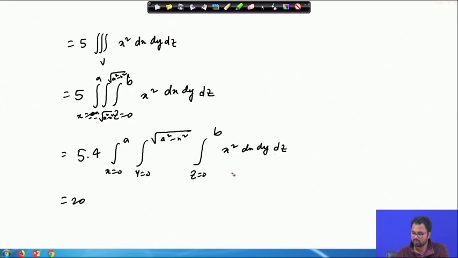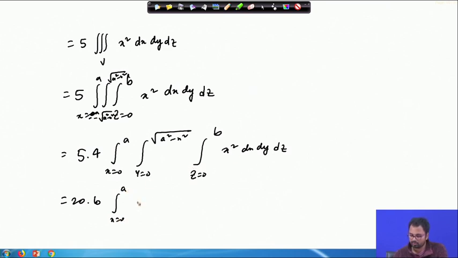Now, we can integrate, and so this is basically 20. We can first integrate with respect to z, and this will be b, and then we can integrate with respect to y, and then x running from 0 to a.